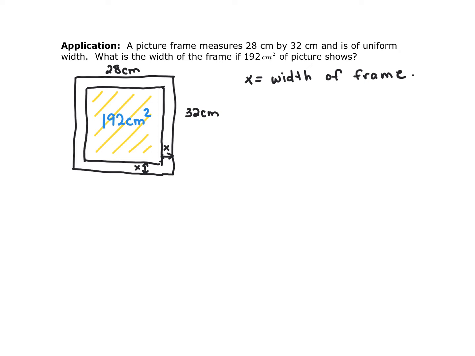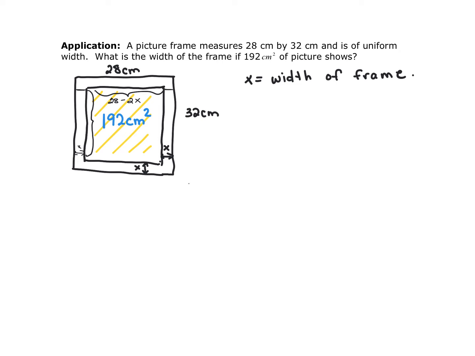So I need to know what this width is and what this width is. I know the outside, but I don't know the inside. So if this is of uniform width, x, then this top should be 28 minus 2x, the x from this side and the x from this side.